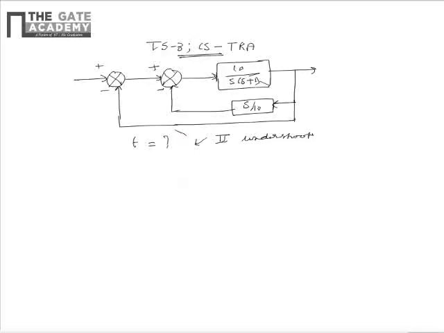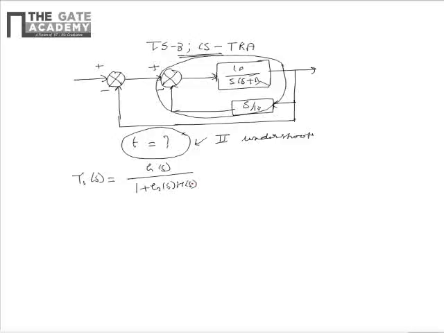So for finding the instant of the second undershoot, let us find the overall transfer function of the control system, for which we will first find the transfer function of the marked portion. It is given as T1 of s is equal to g of s divided by 1 plus g of s into h of s.